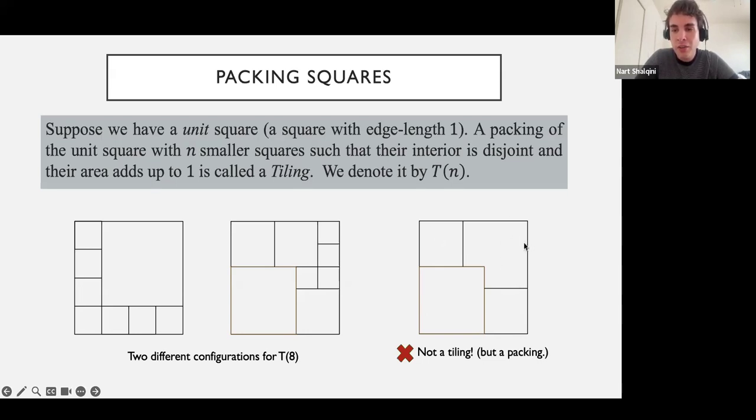I think of this top right corner as being empty, not tiled by any square. So although Erdos considered packings in general, I'll only be thinking about tilings today.